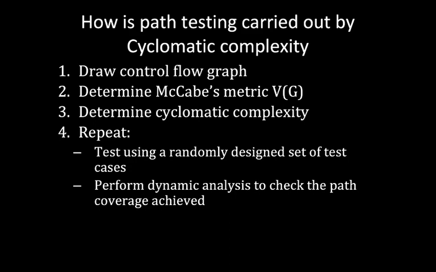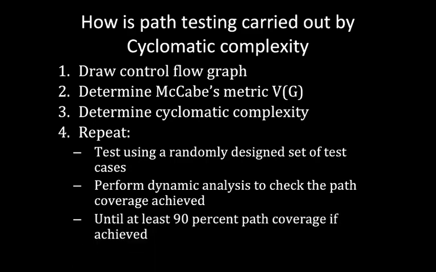If we have 3 different paths, all 3 paths should be covered by the test cases. We give some random test cases and check whether all the paths have been covered. We stop when at least 90% path coverage is achieved. There are automated tools available for path coverage testing.